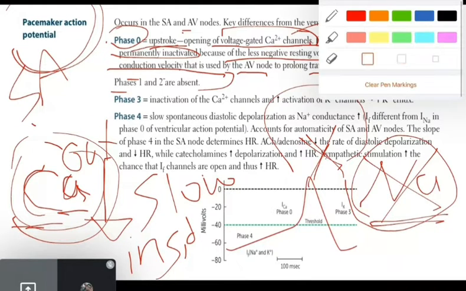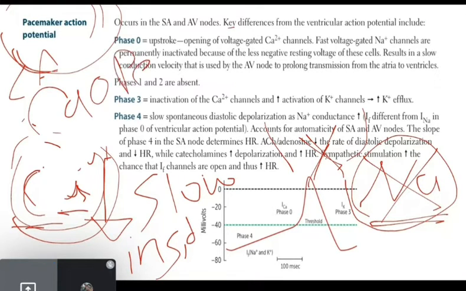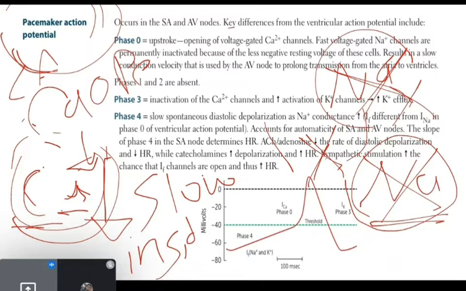Now again, for the ones who don't understand this point, briefly, what you will have in the SA node and AV node is the calcium channels open, you have more calcium in the cells, and you have the sodium channel inactivated, closed. Sodium channels are closed because the sodium channel is very fast and we don't want a fast signal.